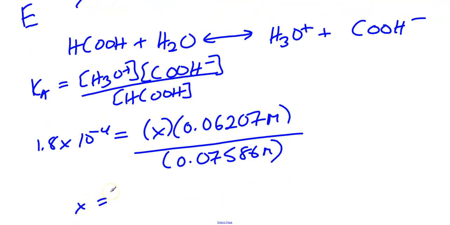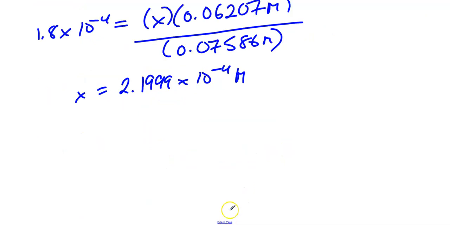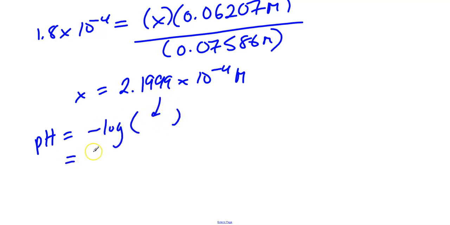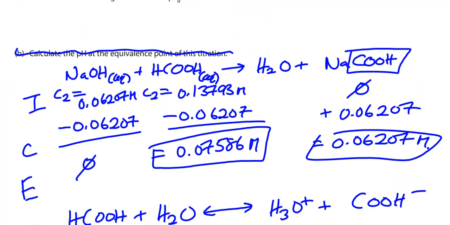Okay, so if we figure out our X, it is 2.1999 times 10 to the negative 4. So this is our hydronium. So we can get the pH of the solution after those two things are mixed by doing negative log of that, which gives us 3.658.